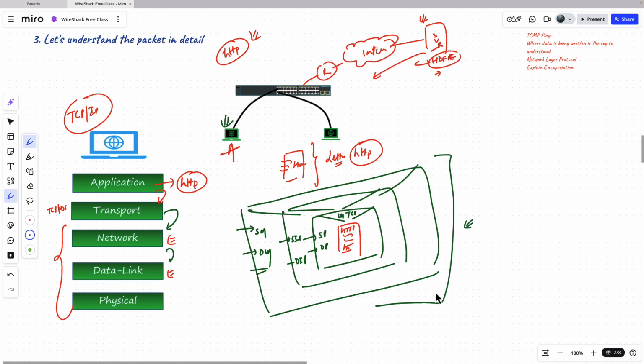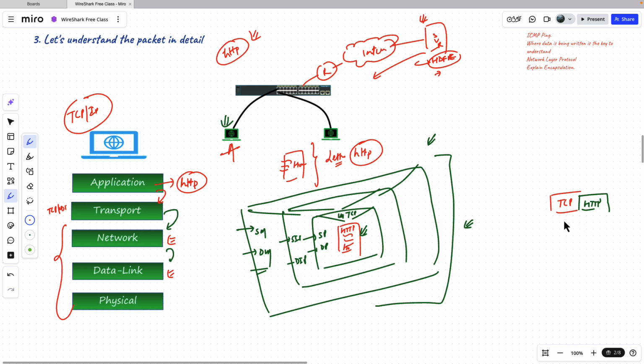If you get this, I will showcase you exactly the same thing on Wireshark, layer by layer. This is the letter, this is the data actually, which is encapsulated in TCP. TCP is encapsulated in IP. IP is encapsulated in layer 2. So most of the time you see this structure as this, right? Means first HTTP data, and then this HTTP data is going to have TCP header.